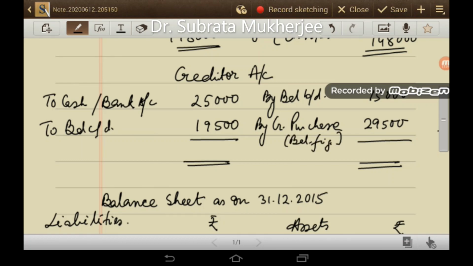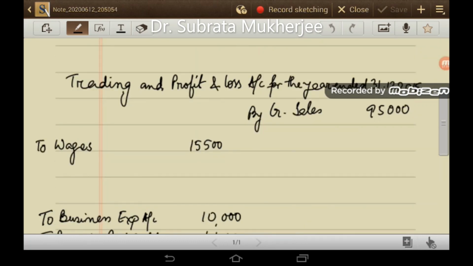And both side total is 44,500. So to purchase, I am writing on the debit side of your trading account, to purchase 29,500.